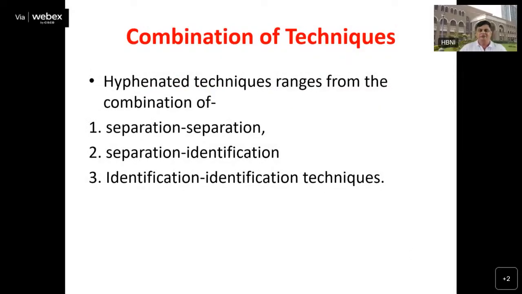As we already discussed, separation can be hyphenated with separation, separation with identification, and identification with identification. For example, two MS have been coupled together to give various useful information about the compounds.